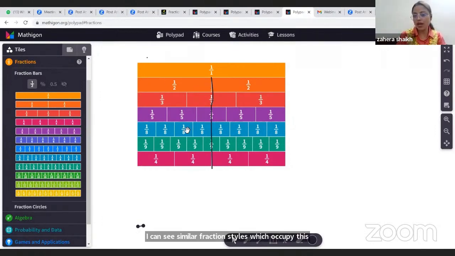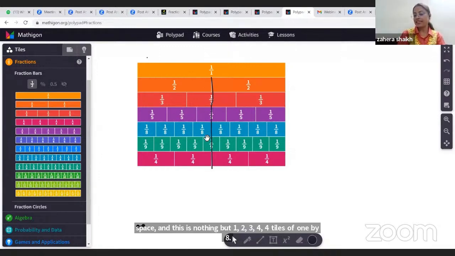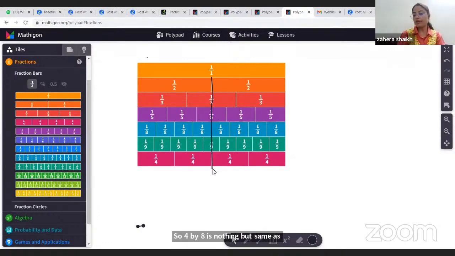And this is nothing but 1, 2, 3, 4, 4 tiles of 1 by 8. So 4 by 8 is nothing but the same as half. And another can also be observed: 2 tiles of 1/4, that is nothing but 2 by 4, which means 2 by 4 is also the same as half.